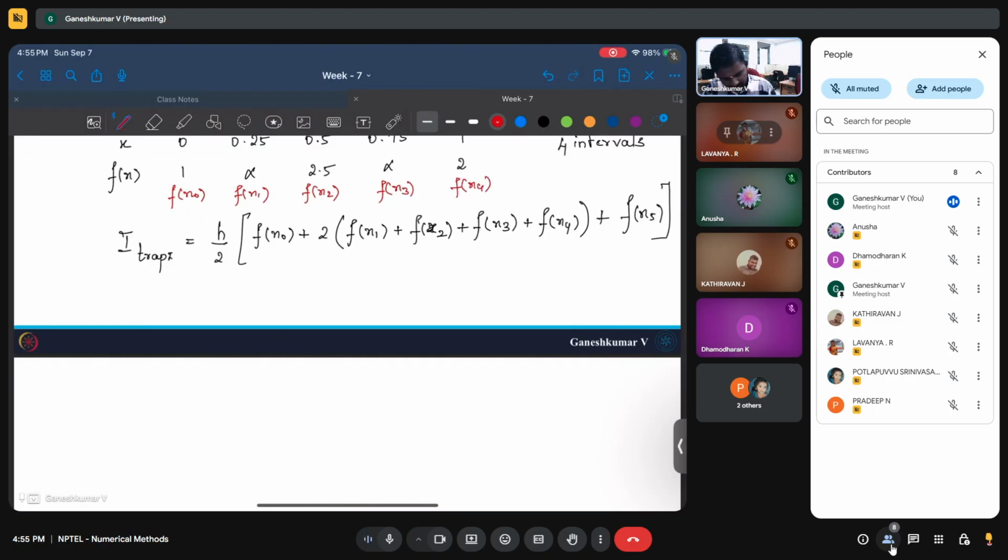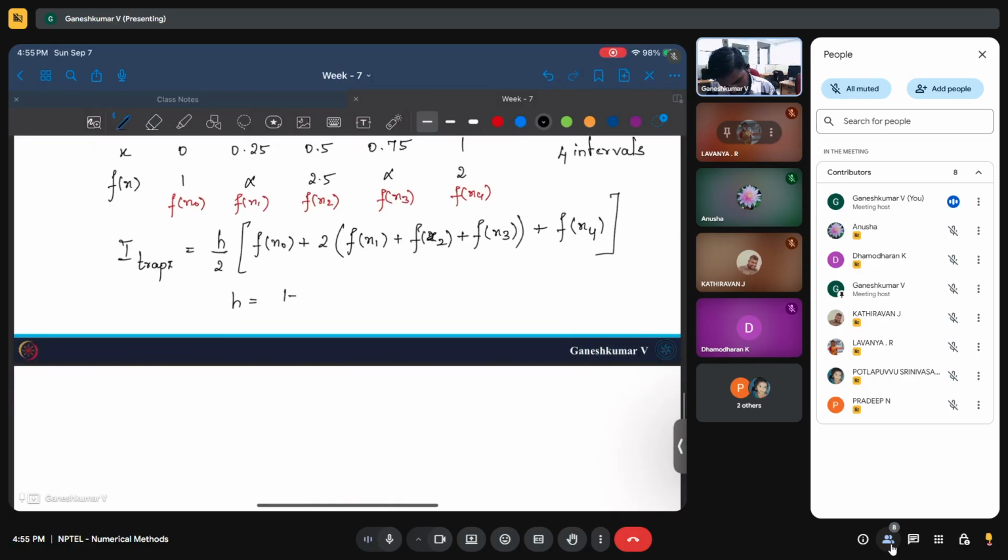So whatever I wrote before was right. Some textbooks start from 1, some start from 0, so it's always a confusion. Now h is going to be 1 minus 0 by 4 intervals, so it's going to be 0.25, which is what we have.